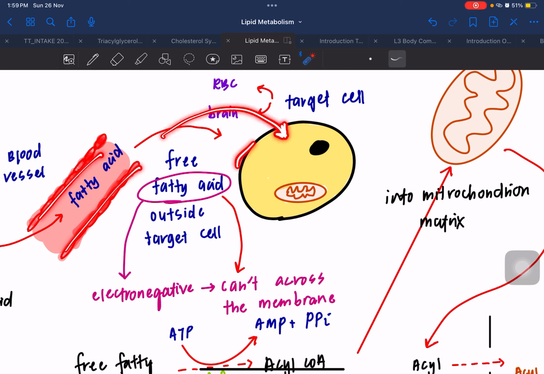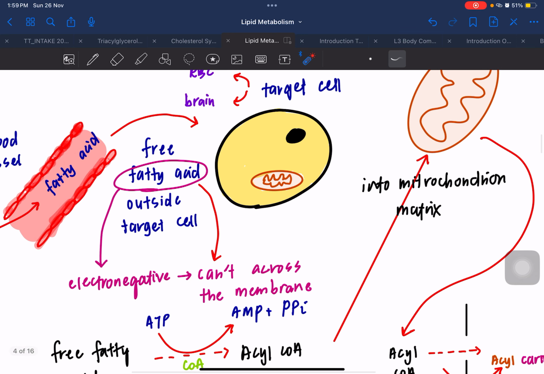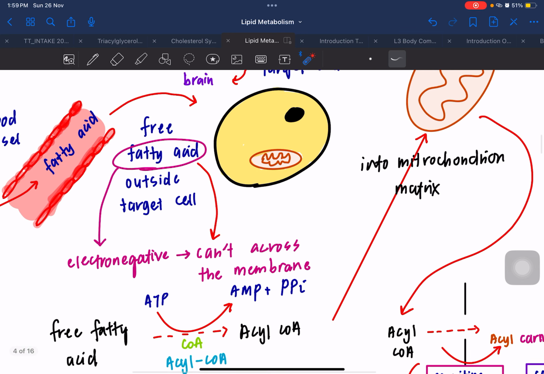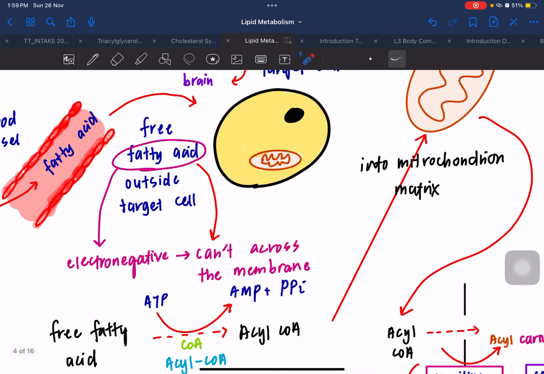So from the blood vessel we need to pass through the membrane of this target cell. But remember that free fatty acid, sekarang kita panggil dia sebagai free fatty acid, dia tengah terkapai-kapai dekat luar membrane ni. Free fatty acid outside target cell. But remember that fatty acid is electronegative.